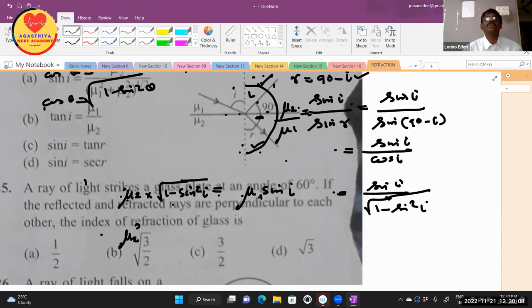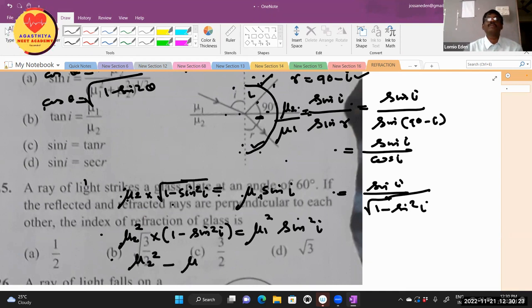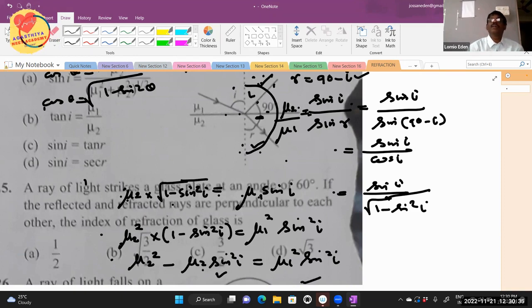It becomes mu2 squared into 1 minus sin squared I equals mu1 squared sin squared I. Next, mu2 squared minus mu2 squared sin squared I equals mu1 squared sin squared I. Here the sin squared terms, take them to one side.